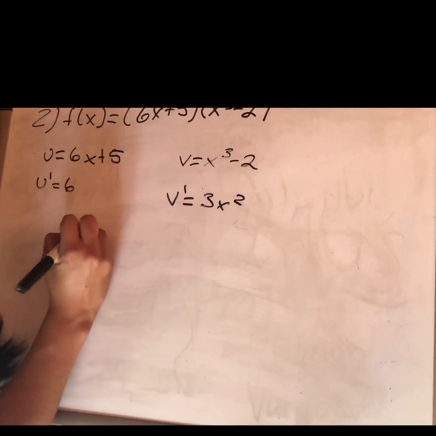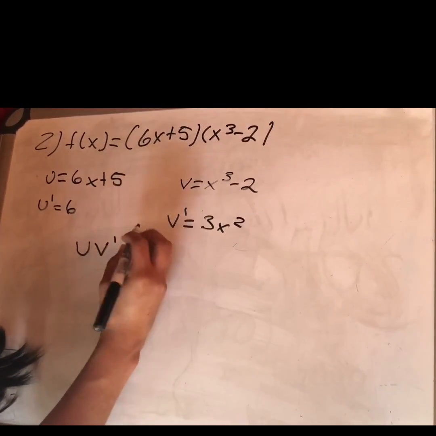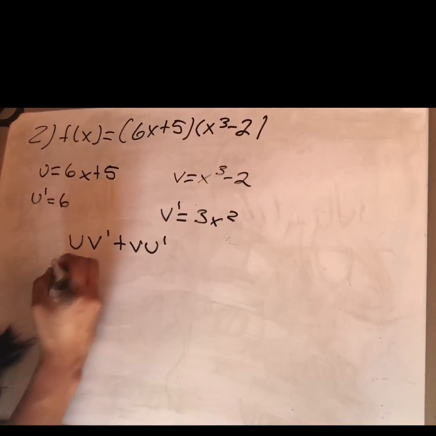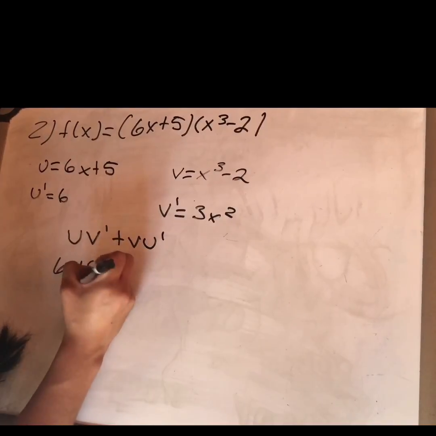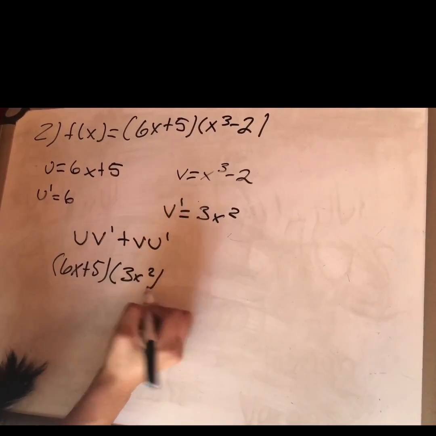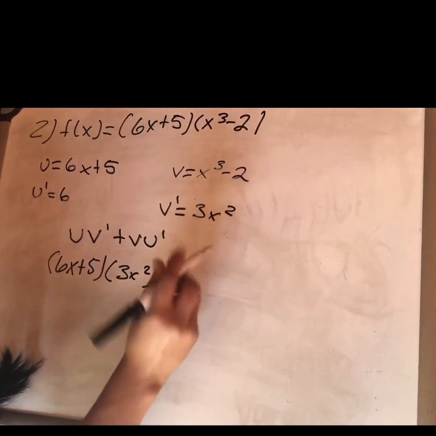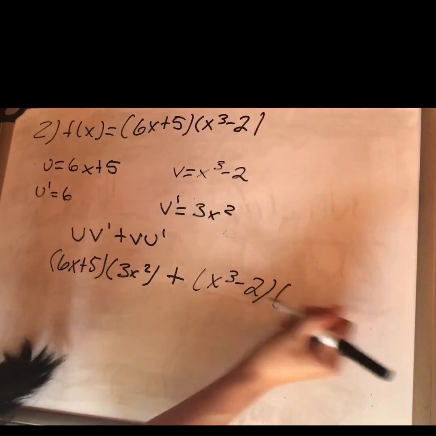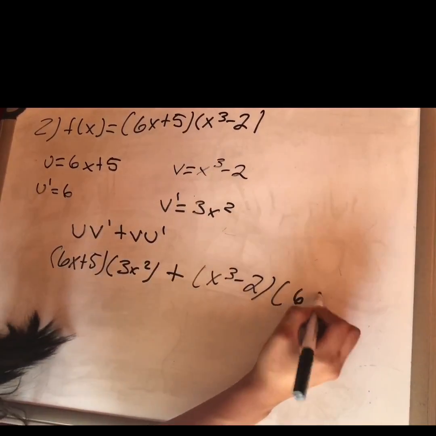So now you use the product rule, which is uv prime plus vu prime. So you plug it in: 6x plus 5 times 3x squared plus v, which is x cubed minus 2, times u prime, which is 6.